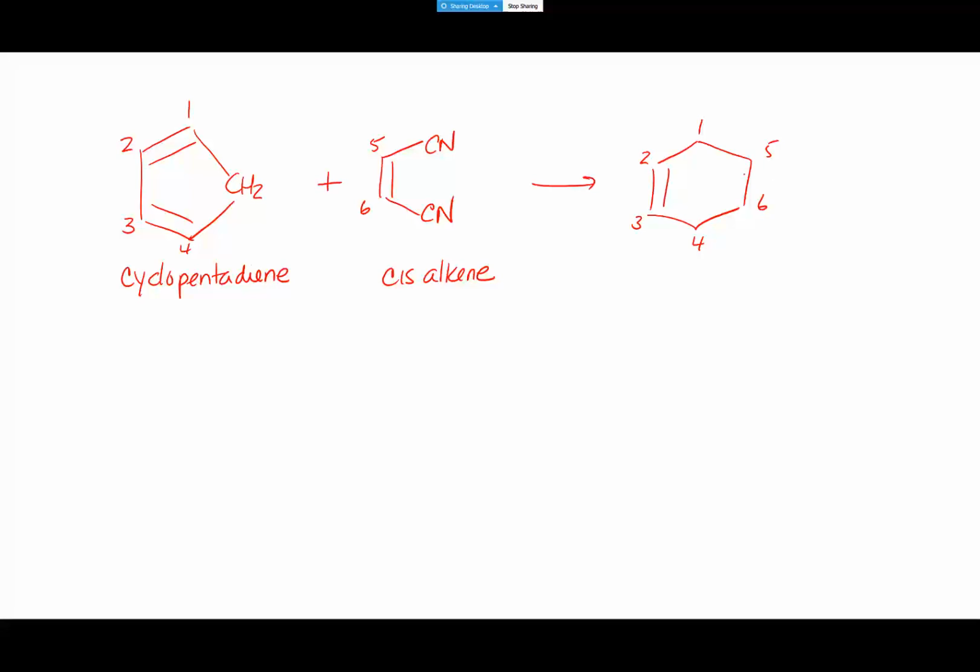What's attached to carbon 1 and what's attached to carbon 4? This CH2 group is going to be attached to carbon 1 and carbon 4. And then what's going to be attached to carbons 5 and 6? The CN groups. And the CN groups are going to be cis, because in this case I made them cis.